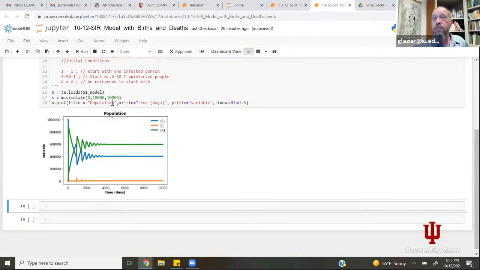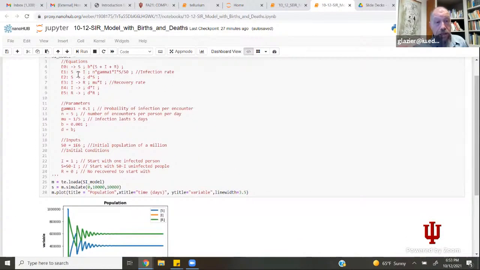Let's try doing it with a realistic birth rate. So let's make the birth rate 1 over 80 times 365. You'll need parentheses in the denominator. 80 times 365. Have to have parentheses around the denominator only.